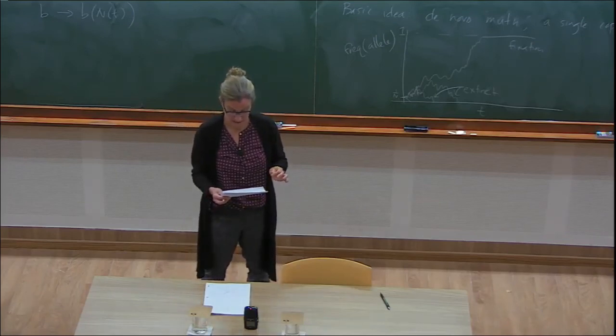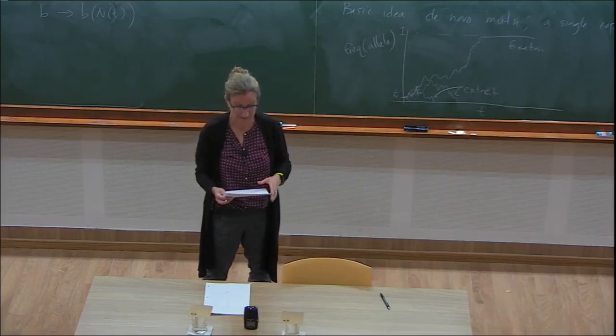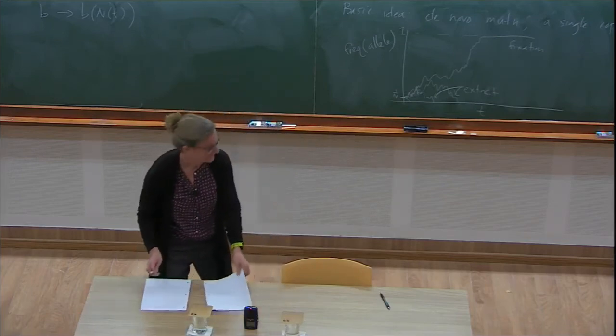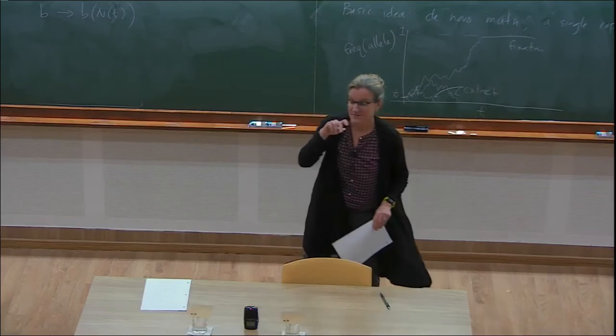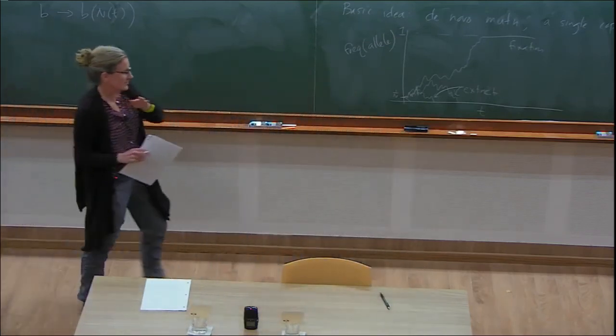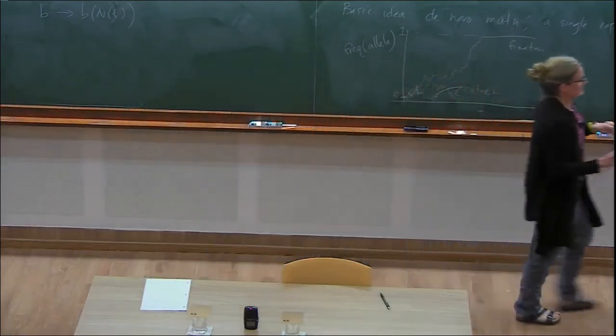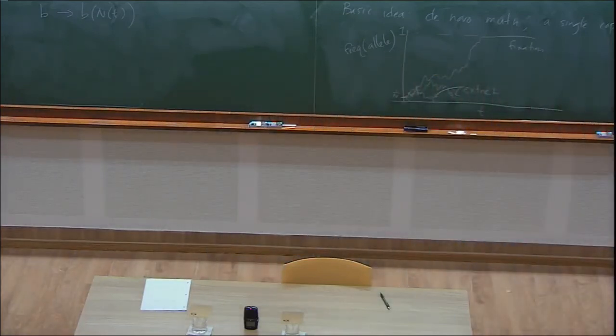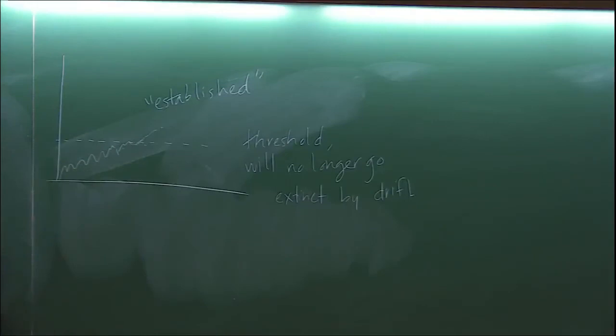Is that fair? Yes, in fact, somewhere here is a note to say, so yeah, this idea, because maybe what I started to hear and what you're talking about is that in big populations, drift isn't important, selection is important, and in small populations, selection isn't important and drift is important.